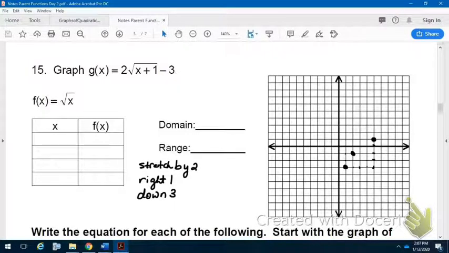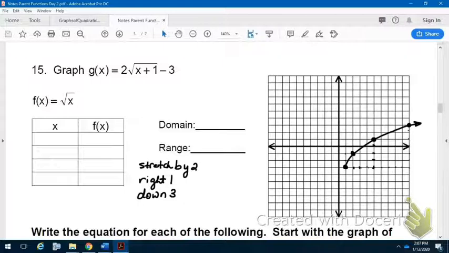And I'm going to go right 9. 1, 2, 3, 4, 5, 6, 7, 8, 9, and up 1, 2, 3, 4, 5, 6 right there. Normally we go up 3, but 3 times 2 is 6. And so there's the new graph. If that was a 3 in front, you would multiply all your y's by 3.